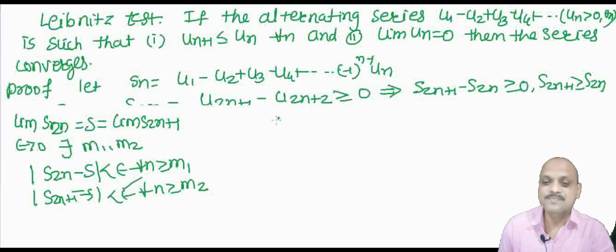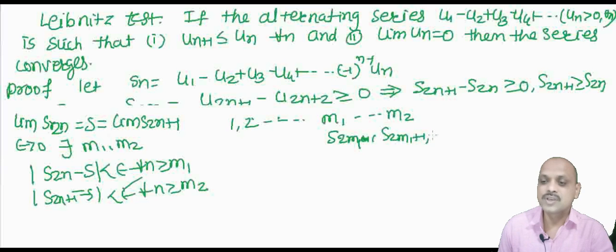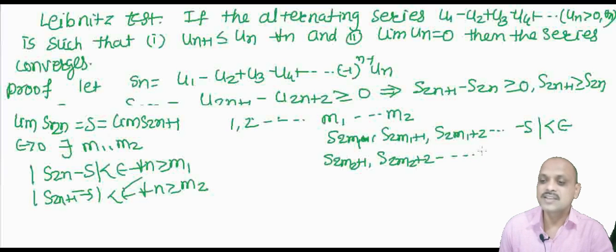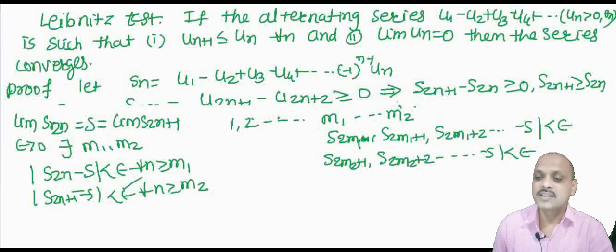That means for all n greater than or equal to m1, the terms S2m1, S2m1+2 and so on, minus S, are less than epsilon, and similarly for S2m2+1, S2m2+3 and so on. Now let us consider the maximum of these. Let m equal the maximum of 2m1, 2m2+1.